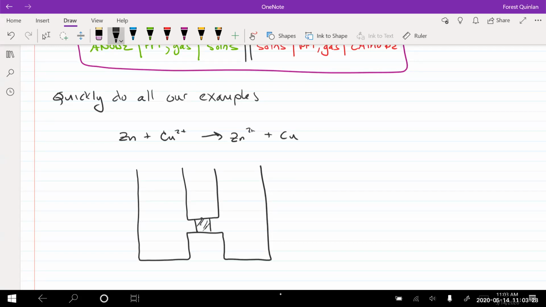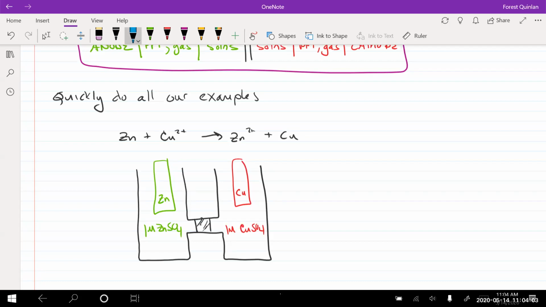When we drew that, we had our zinc, and it was in, wait, was it zinc on the left? Ooh, now I forgot. Well, it doesn't matter. Zinc with a 1 molar zinc sulfate. And we had our copper. Zinc was on the left. Thank you very much. 1 molar copper sulfate.